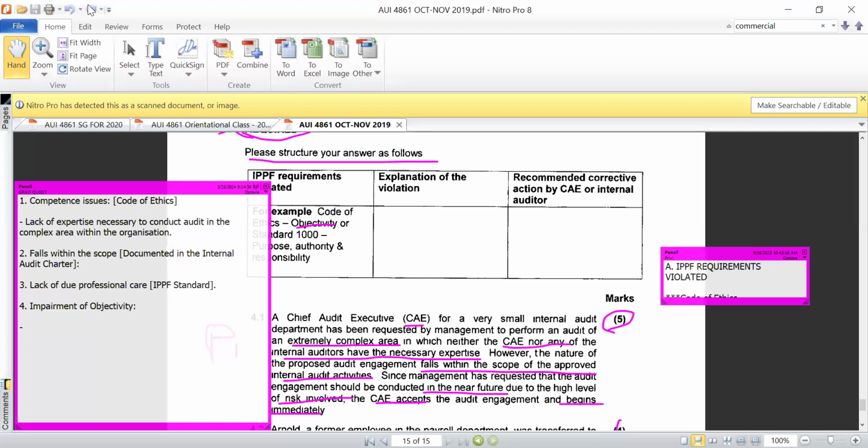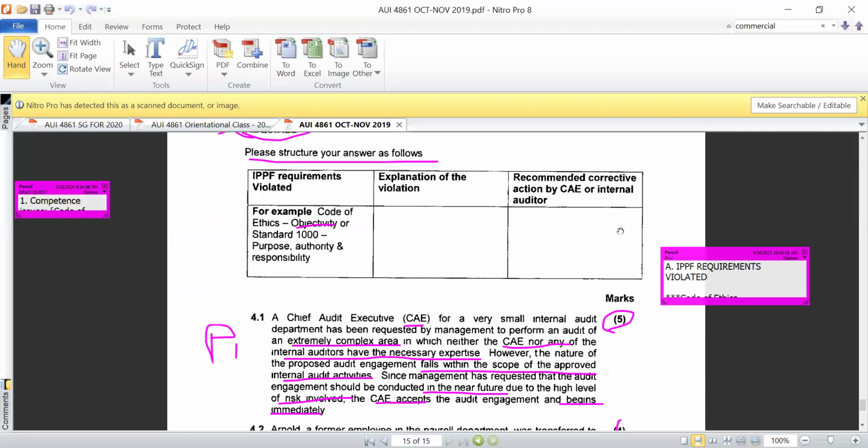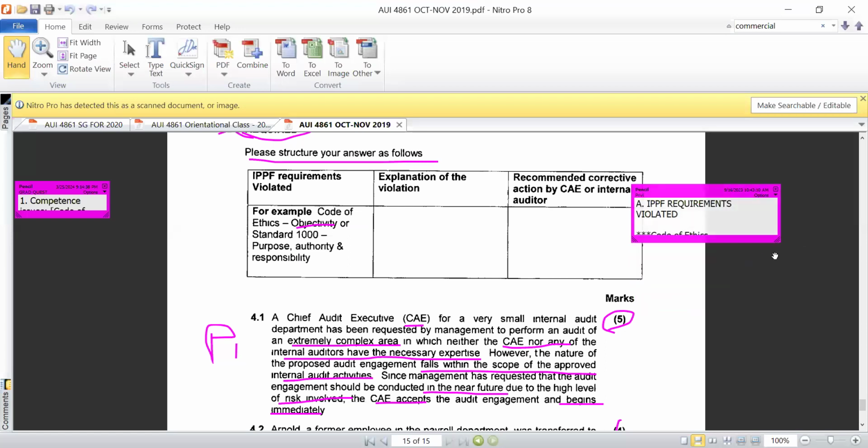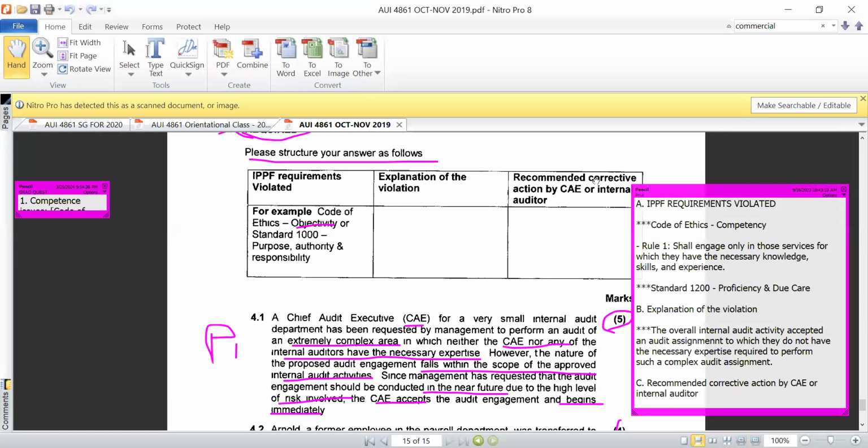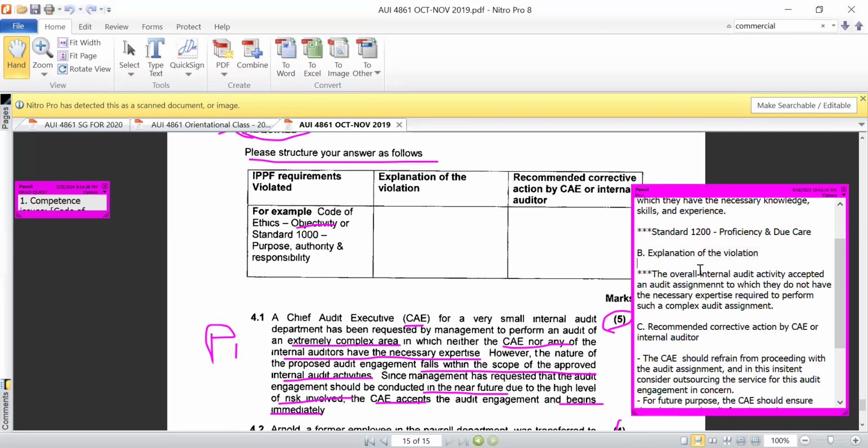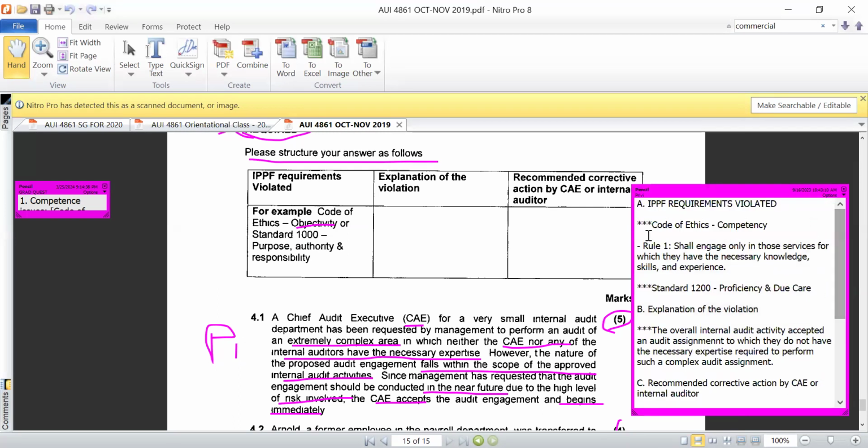Okay, it looks like this one is not the one that I worked on. Let me see. This one is the one, right? So the code of ethics principle violated is competency, and there's also the IPPF standard that has been violated, which has to do with proficiency and due care.